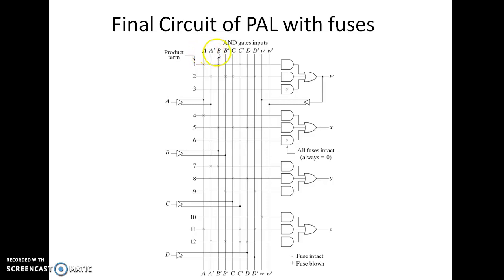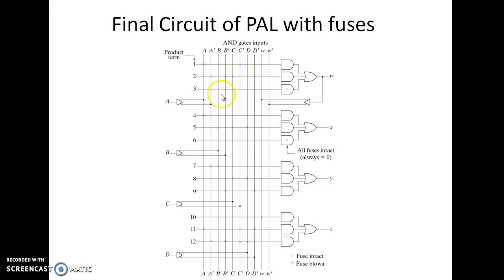So A and A bar, B and B bar, C and C bar, D, D bar, W, W bar would be indicated with the vertical lines, right? And the horizontal line is indicating a product term. What is the first product term? A, B, C bar. Second product term, A bar, B bar, C, D bar.